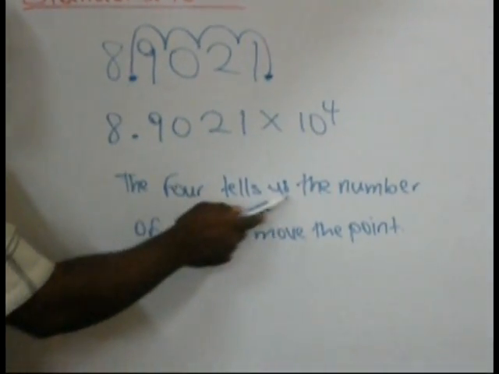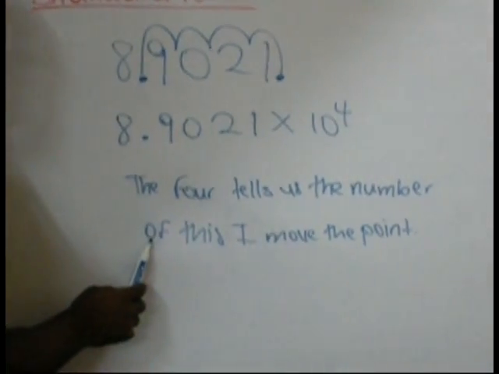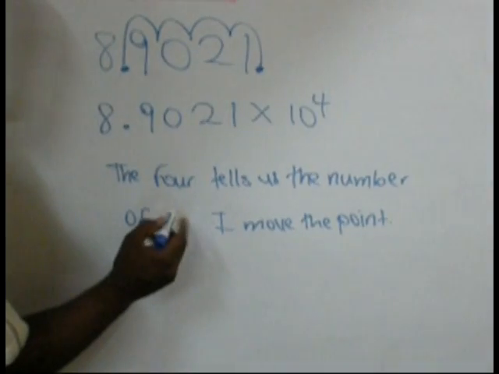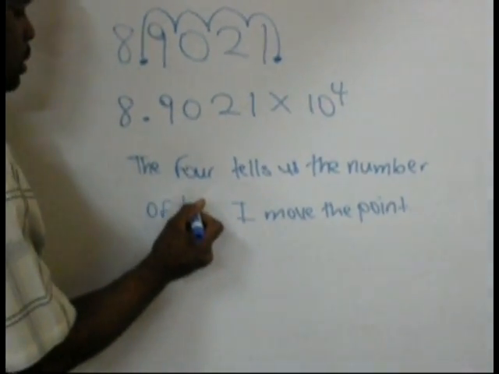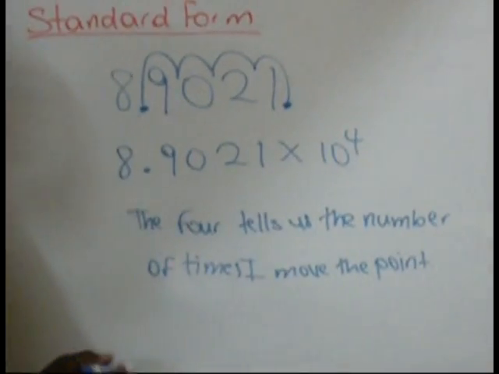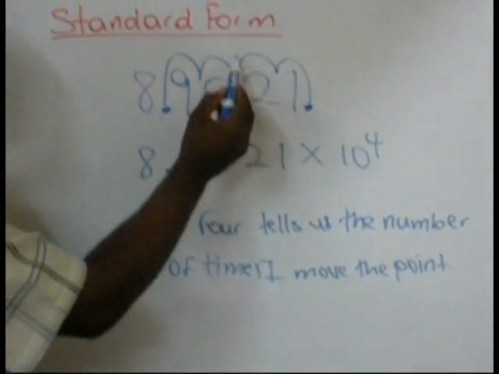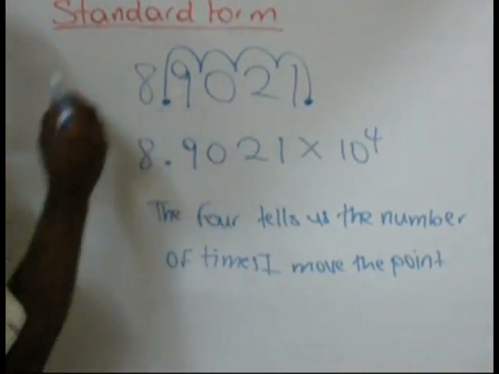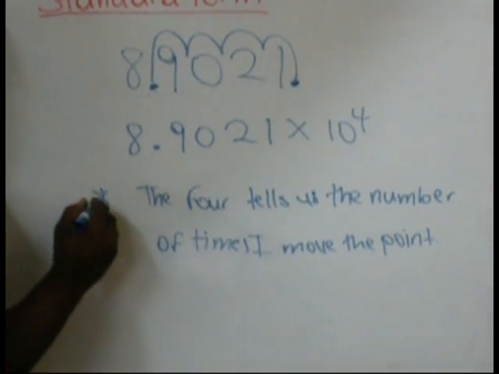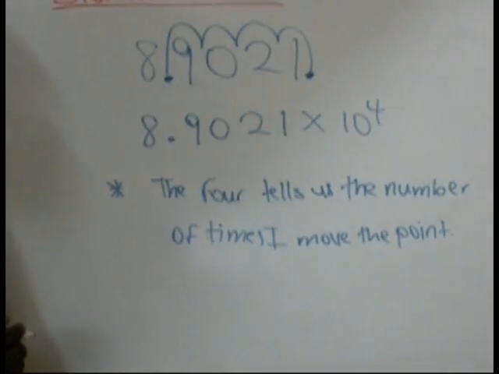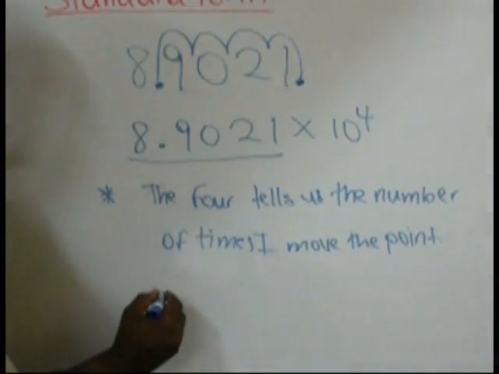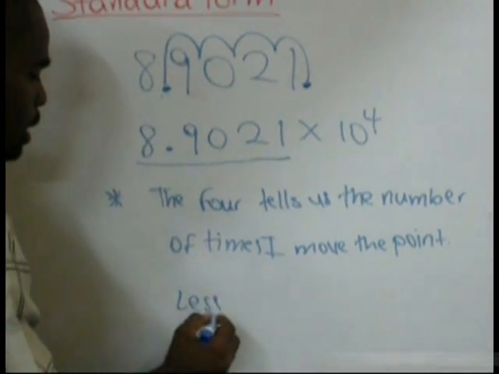The 4 tells us the number of times I moved the point. So I moved 1, 2, 3, and what? 4. Now another thing to note is that in standard form, this number here must be less than 10.